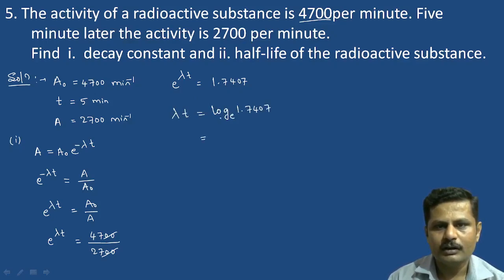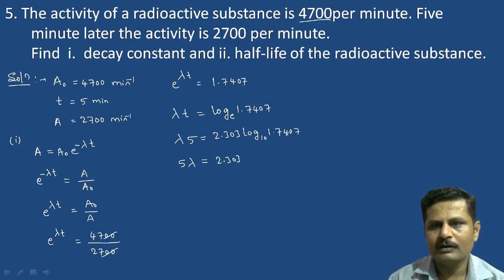The log e should be written in log 10 form, so it becomes 2.303 log 10 of 1.7407. Here t equals 5. So now 5 lambda can be written as 2.303 log 10 of 1.7407.